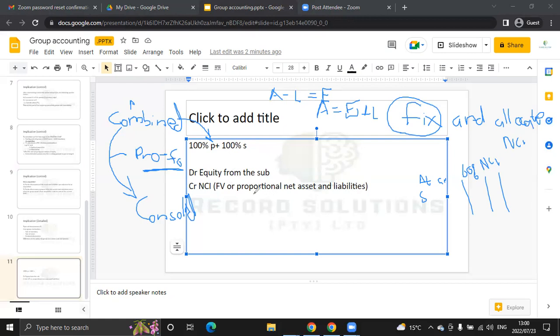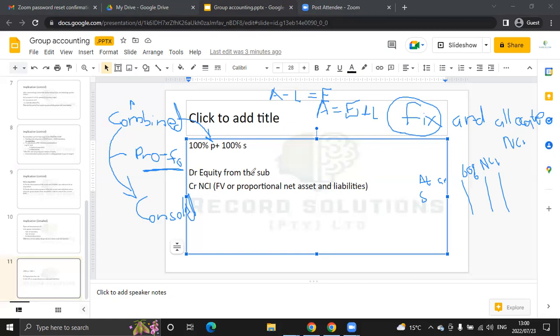And what you do, you multiply it with the NCI percentage. What's the NCI percentage in our example? It was 40%. So you're going to multiply those net assets and liabilities by 40%. That's what they mean here. If that's the case, or they will give you the fair value. Don't forget that these net assets and liabilities are equity, and I said the equity from the sub. Do not forget equity at acquisition.